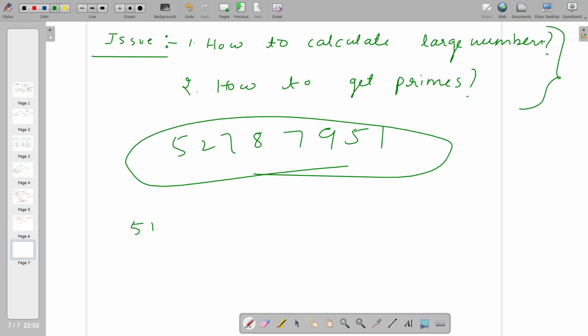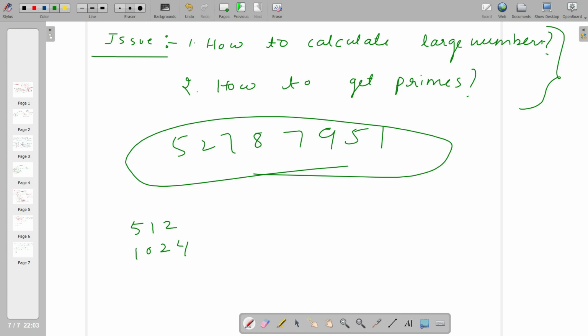There can be a 512-bit prime number, or a 1024-bit prime number. Is there any algorithm to get a large prime? No, there is no defined algorithm to get a large prime. So we need primality testing in many different ways. Primality testing is another topic which we are going to discuss.